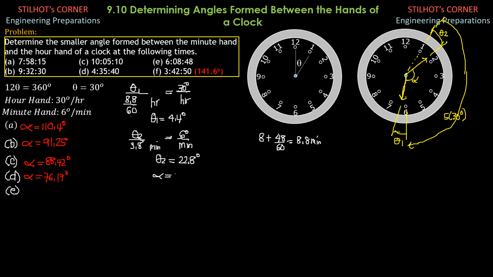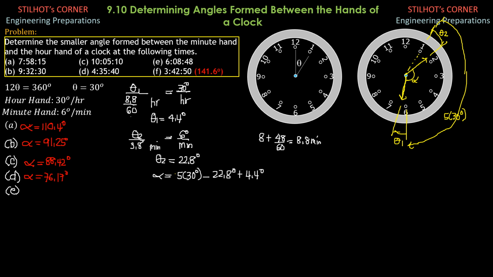So from the figure, alpha is equal to 5 times 30 degrees minus theta 2, and theta 2 is 22.8, then plus theta 1, which is 4.4.